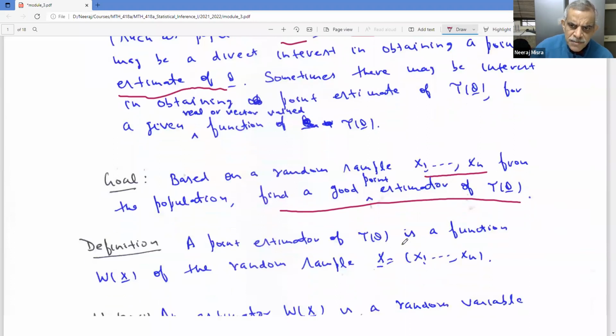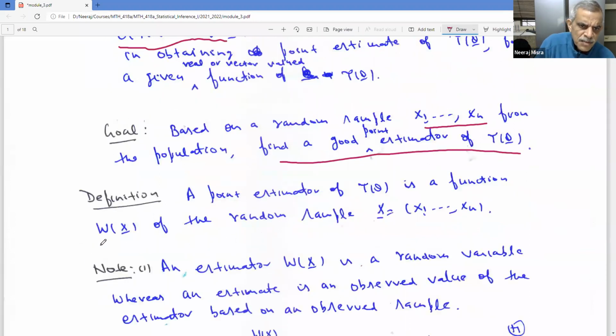So a point estimator of tau(theta) is a function W(X) of the random sample. Right? So I want to use this sample X to get an estimate of tau(theta). So that means my estimators would be a function of sample observations, W(X).